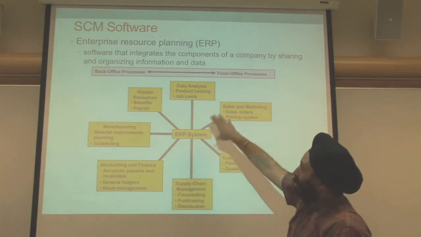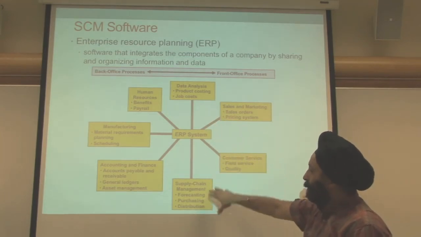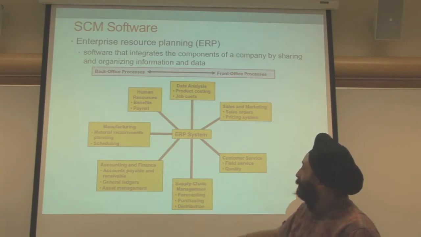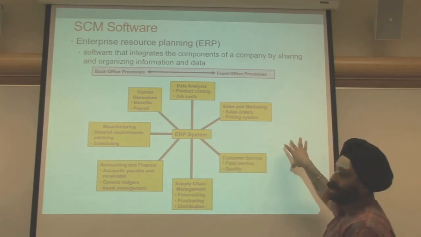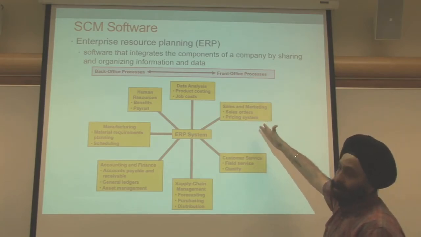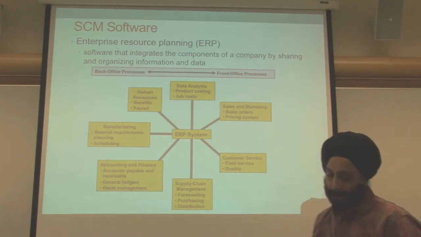Then data analysis in terms of what the product or the job process will cost. Supply chain management aspects of forecasting, purchasing, distribution. And then you have the front end dealing with the customer: sales and marketing, sales order pricing issues, as well as customer service, field service, or quality issues.